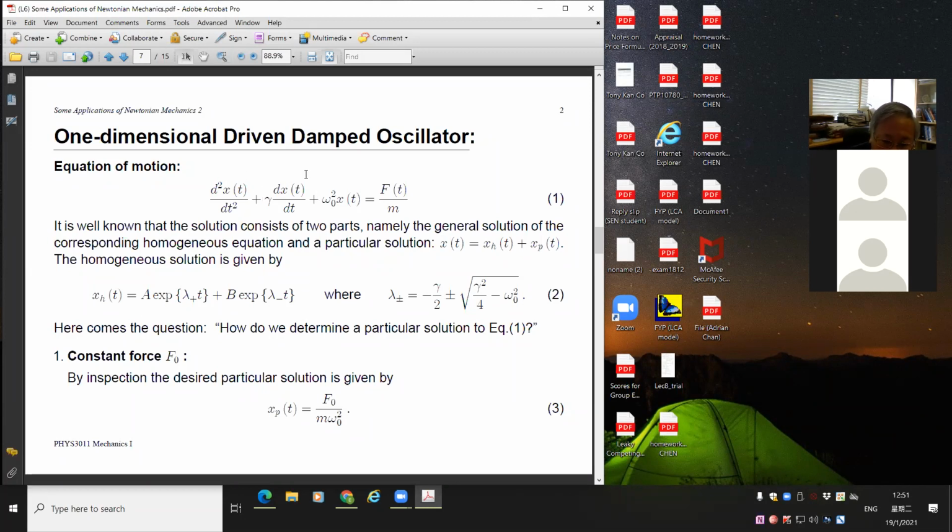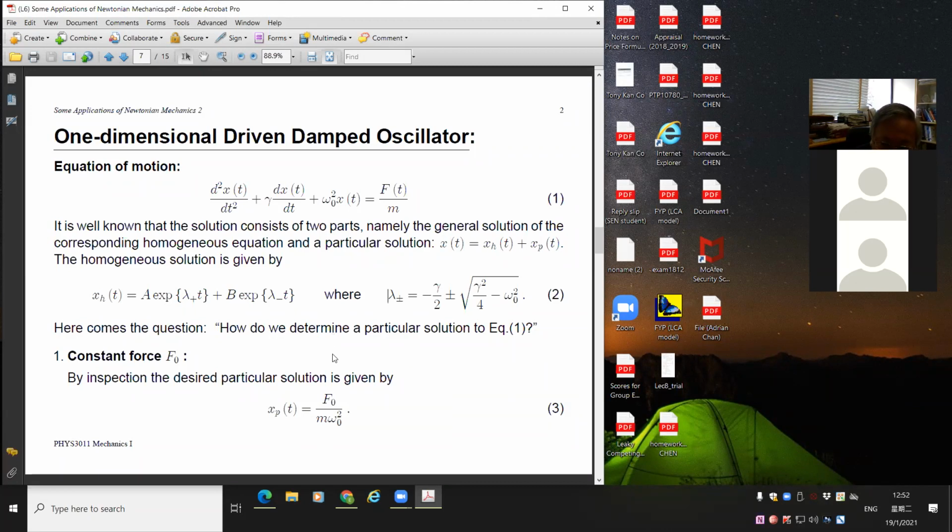You differentiate the solution once, you get back something proportional to the solution itself. You differentiate twice, you get back something proportional to the function itself. So it must be exponential functions. Then you guess the solution to be in this form, substitute it into this equation, and find the corresponding parameters for lambda plus and lambda minus.